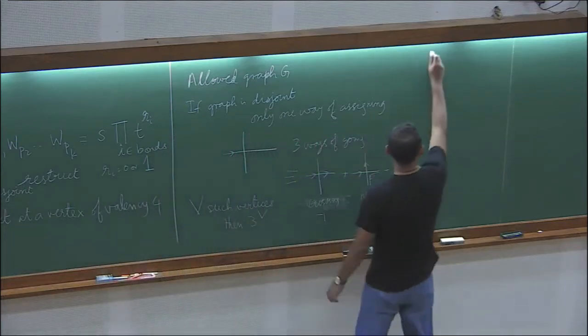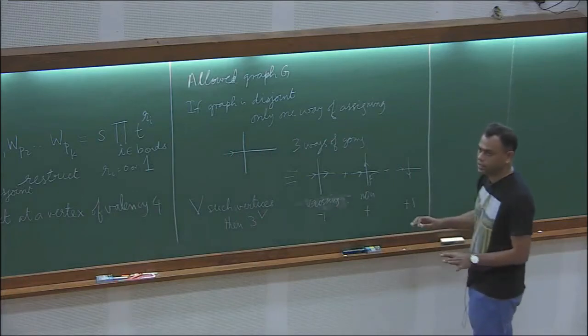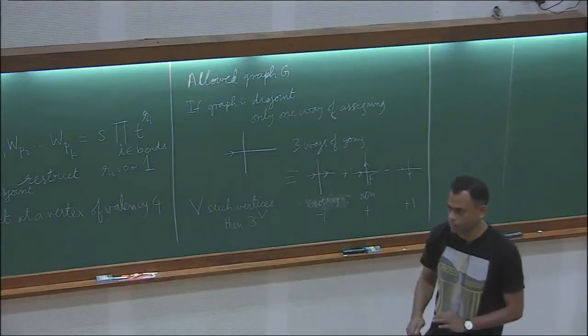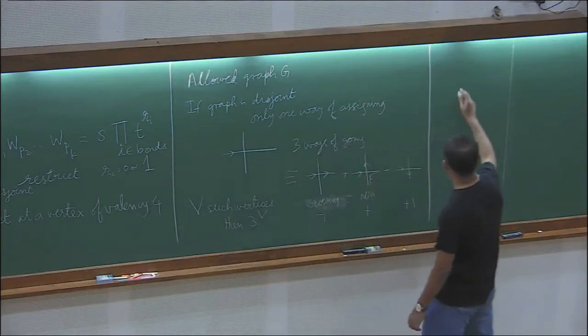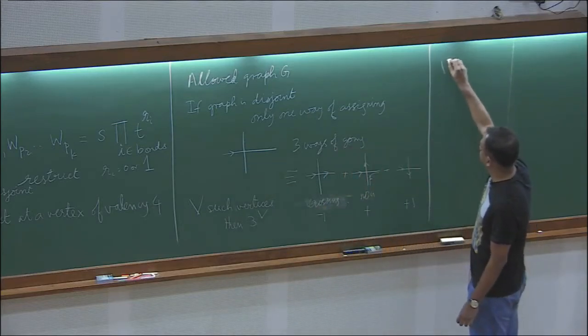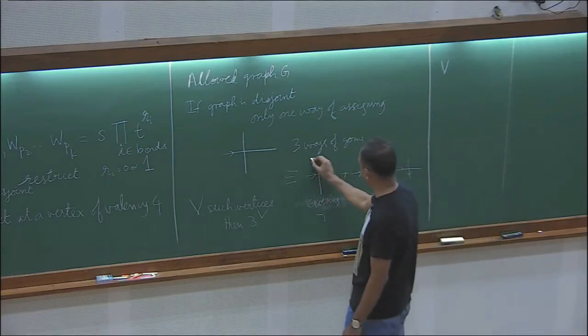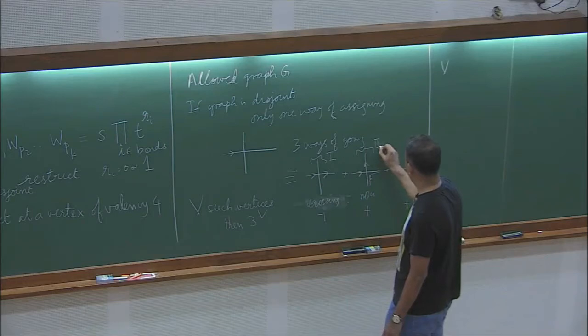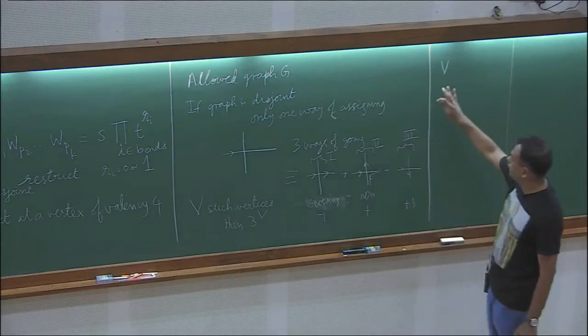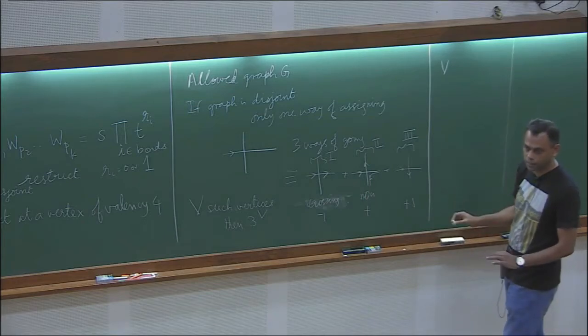So now you ask, how many ways can you do a weighted sum for such graphs? So let me write down some. So I have v vertices, and for each vertex I have a type 1, a type 2, and a type 3. So I want to assign these vertices to a type 1, type 2, type 3.